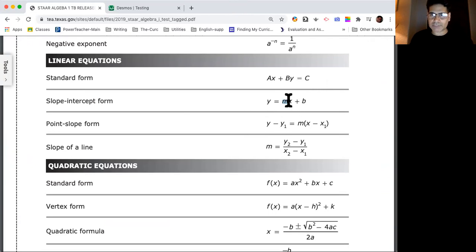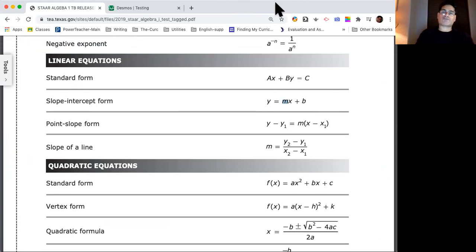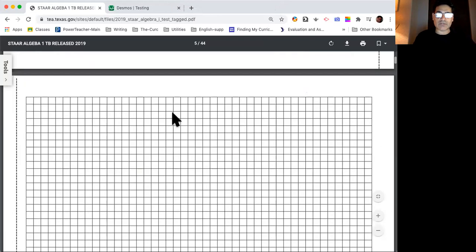Y equals mx plus b, it would be the m. Now, if students somehow forget, or perhaps they're not prepared to go in on the day of the test, maybe we've got some newcomers that come in and aren't as prepared for the test, there's a disconnect between the m value and what they're looking at in the equation.